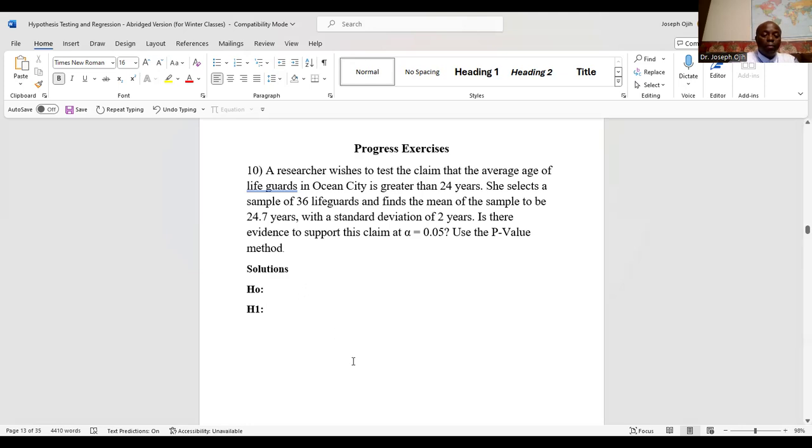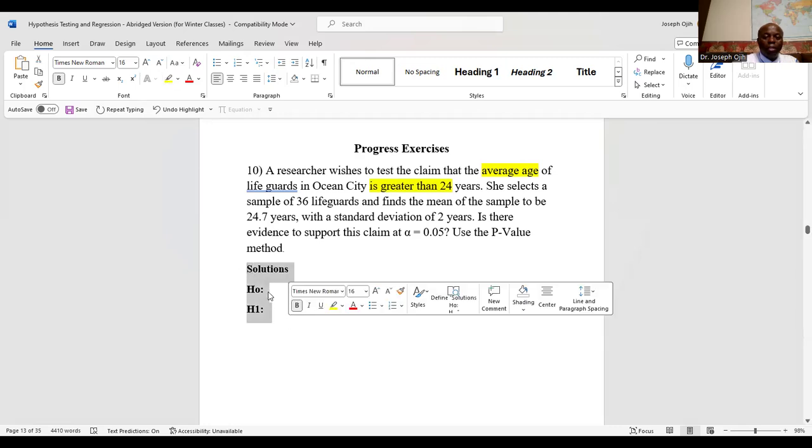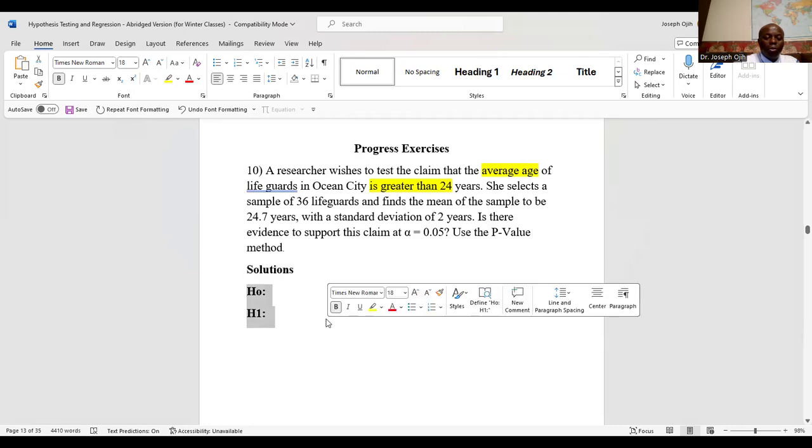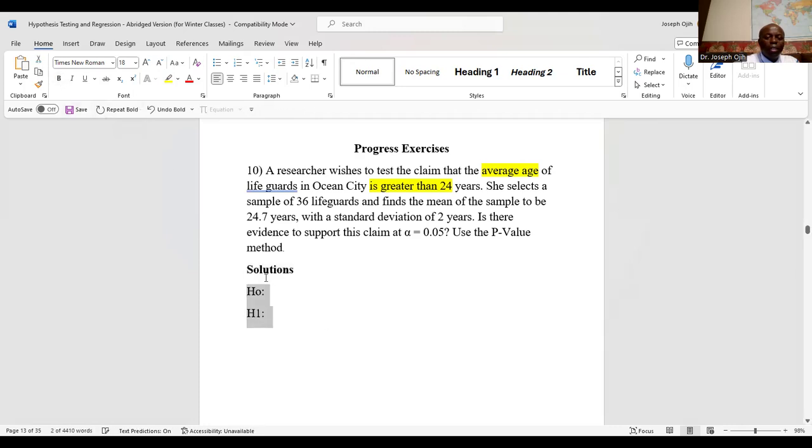Let's look at the keywords here. The first one is the average age. Then it says is greater than 24 years. Those are the two keywords. Is greater than means to use the greater than symbol, and you can only use that symbol in the alternative hypothesis.